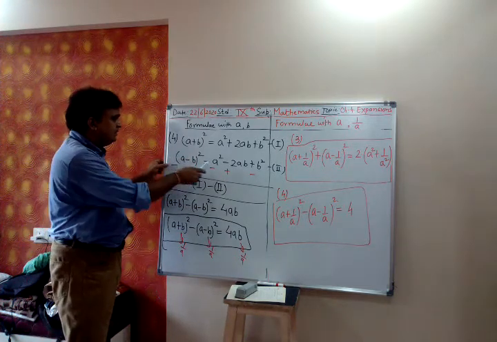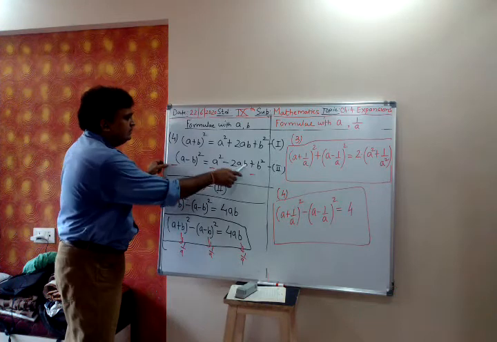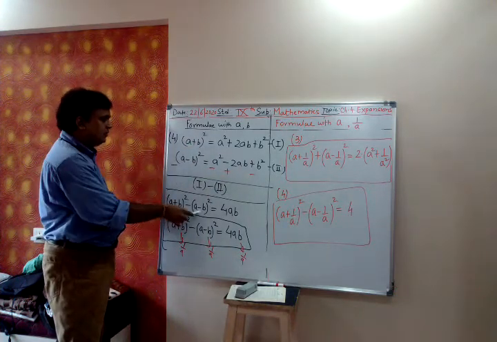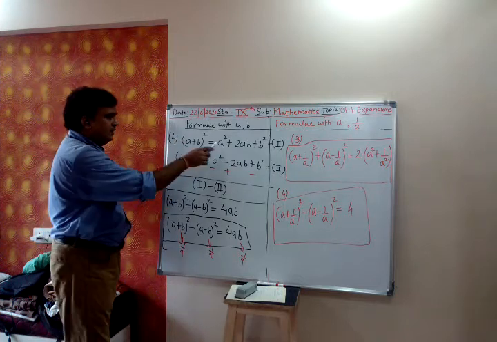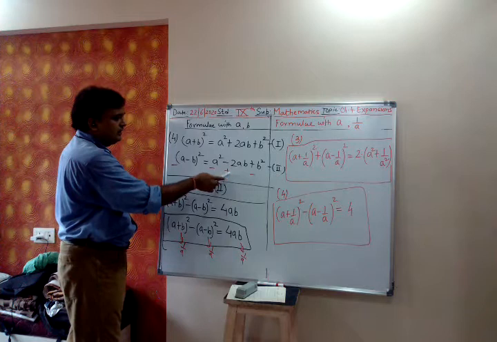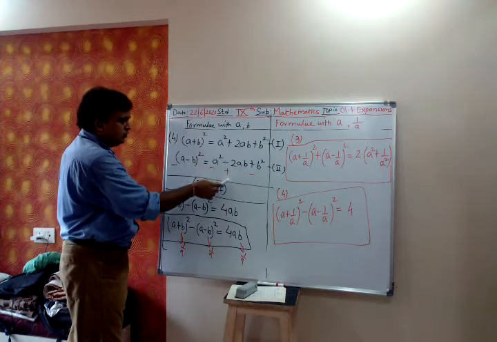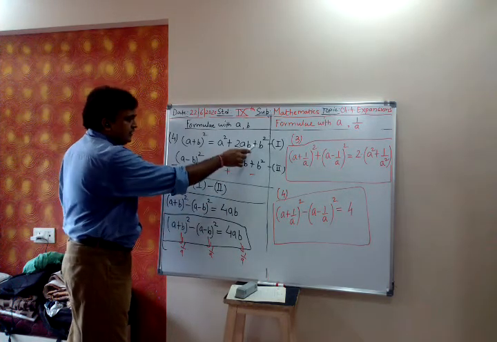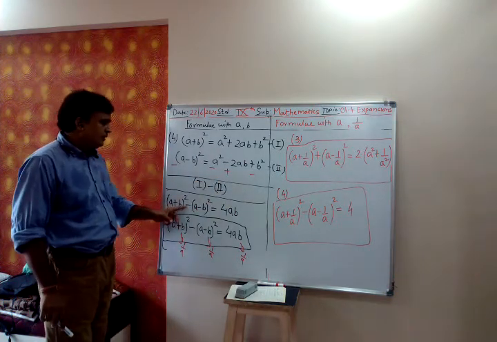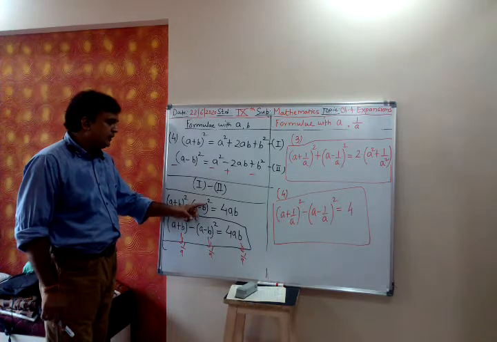So plus becomes minus, plus becomes minus, minus becomes plus, plus becomes minus. So a plus b whole square minus a minus b whole square, on the left hand side, a square minus a square get cancelled, plus 2ab plus 2ab, we take the new sign, is 4ab, and plus b square minus b square get cancelled. So a plus b whole square minus a minus b whole square is 4ab.